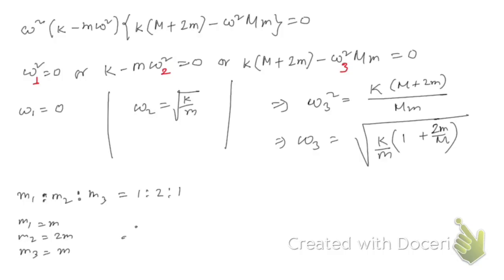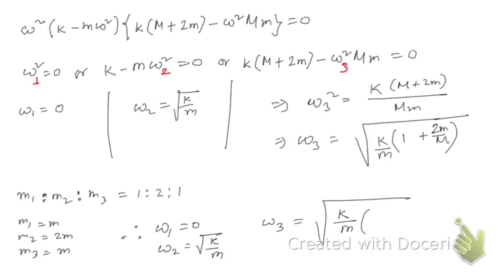Therefore omega 1 remains 0, omega 2 remains root K by m, and omega 3 will be root of capital K by small m times 1 plus twice small m, which we considered as capital M, divided by M. In that case the M cancels, and we get 1 plus 1, which is 2.